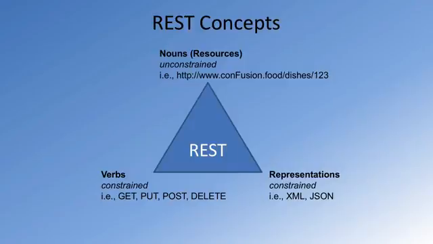Then you have verbs. Verbs specify what should be done. And verbs are constrained. They have a reason, meaning, and a purpose for their existence. So you have verbs like put, post, get, delete, and so on. And each of them has a meaning when they are invoked. Third, you have representations. How do you represent the data when it is being transferred from one side to the other side? And this is where both XML and JSON have been leveraged to serve this purpose.